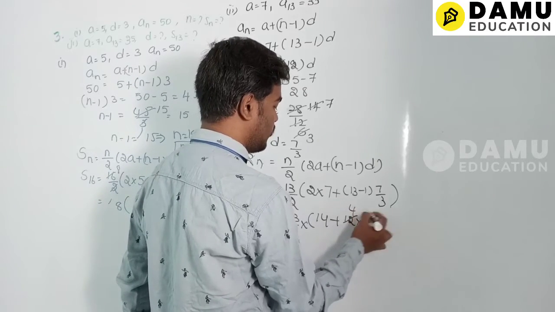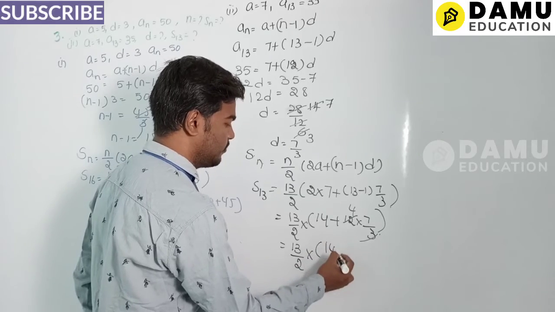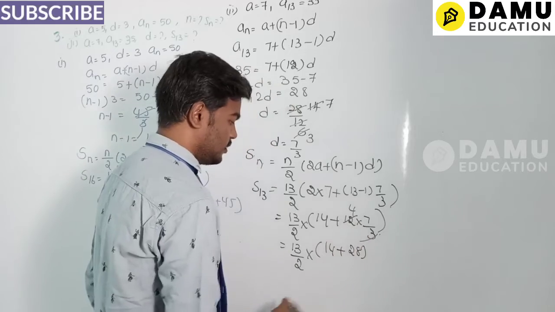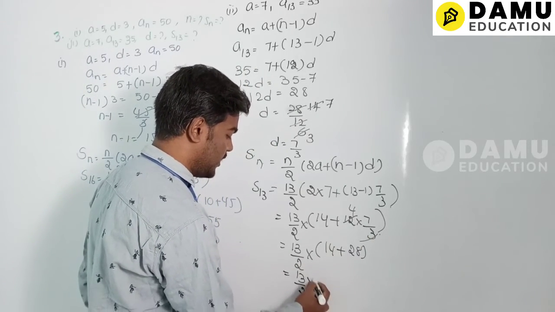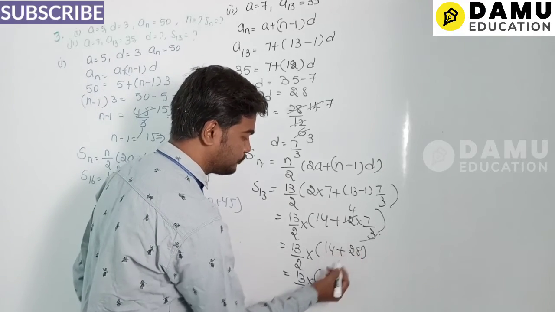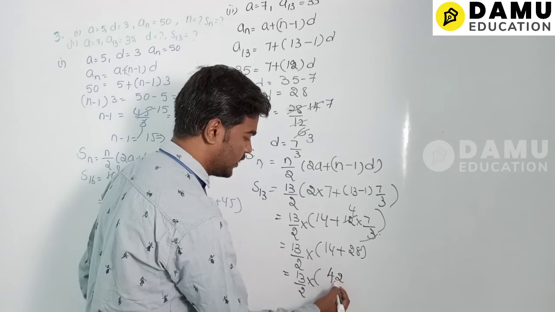So 3 1s are 3, 3 4s are 12. So 13 by 2 into what value? 14 plus 4 7s are 28. Then what is the value here? Let's keep it as it is, 13 by 2 into 14 plus 28. So 14 plus 28 is 42.